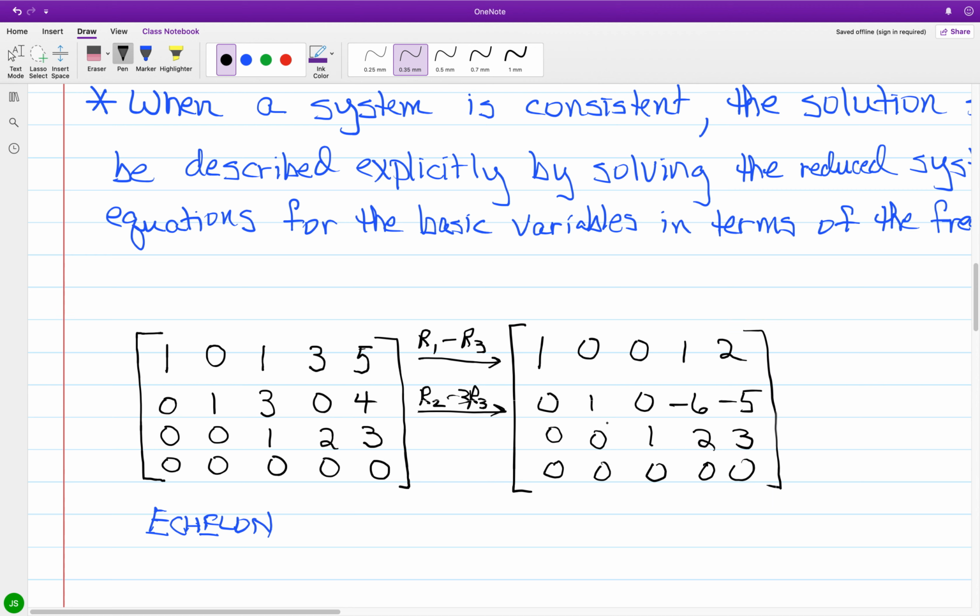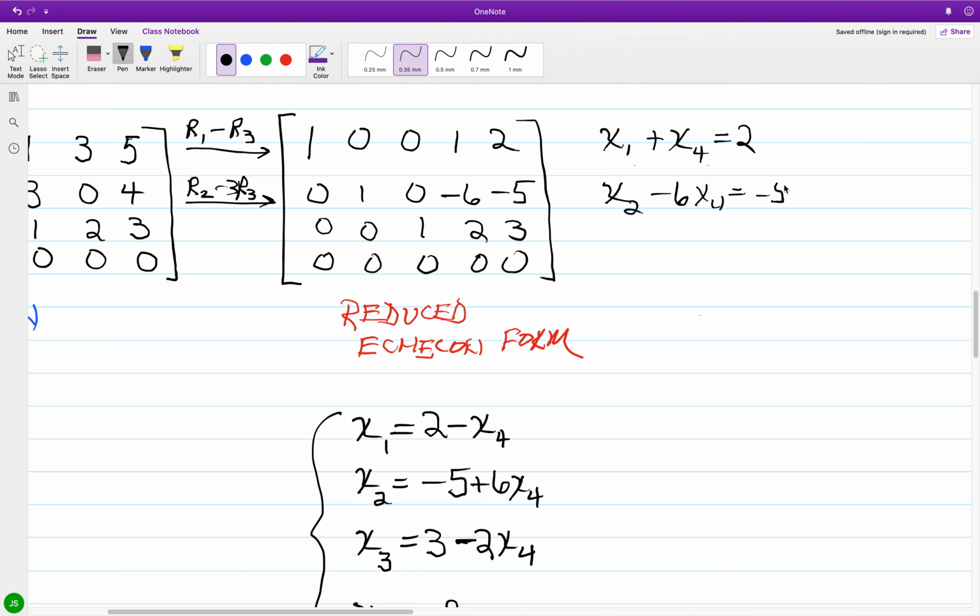And if I take what I have here going row by row, notice there's no x of 2, x of 3, but there is an x of 4 term in the first row. I have x of 1 plus x of 4 is equal to 2. For the next row, I have x of 2 minus 6x of 4 is equal to negative 5.